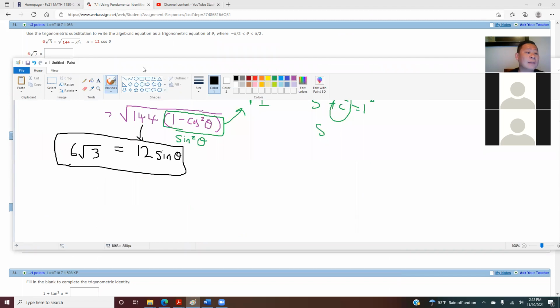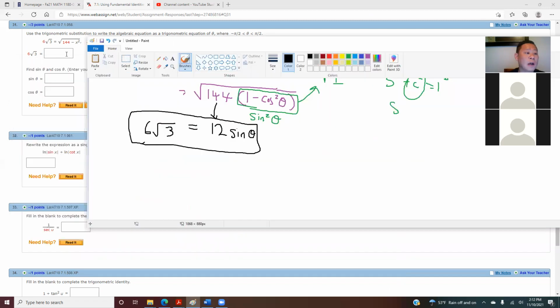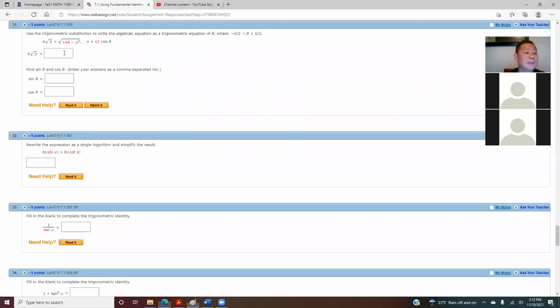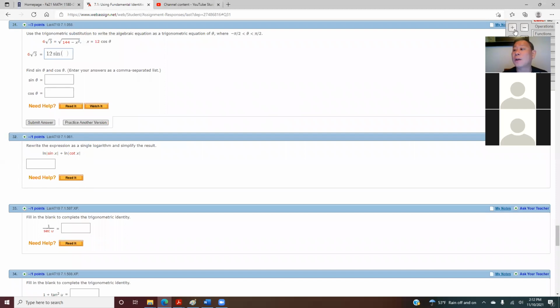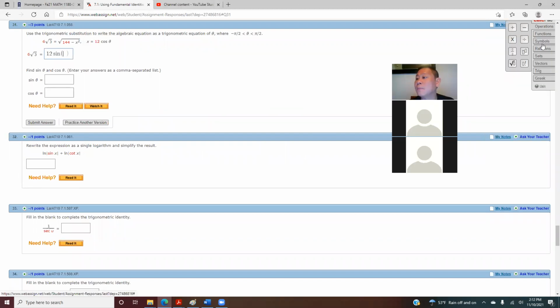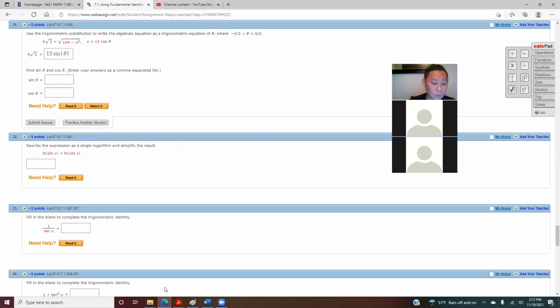So this is your answer for question 31: 12 sine theta. Make sure theta is under the symbol, I think. Yep, theta is right here. So this is how we do question number 31.